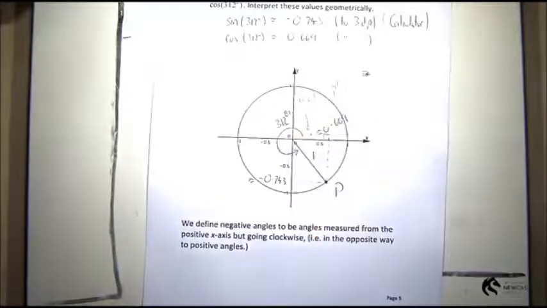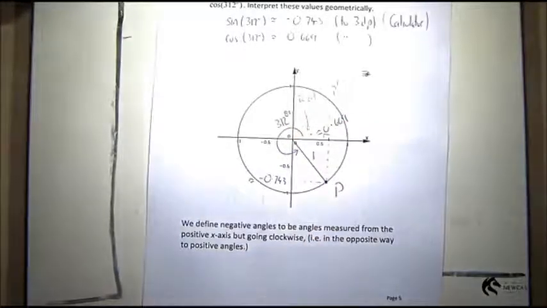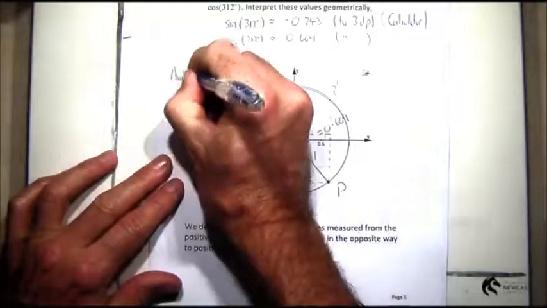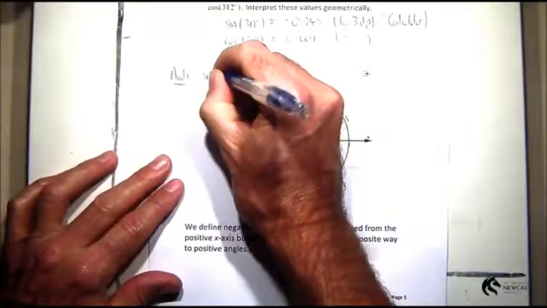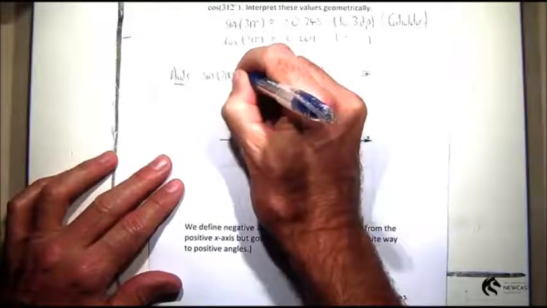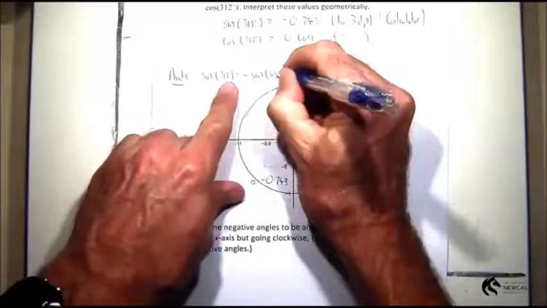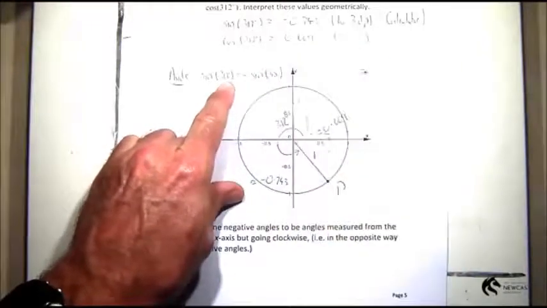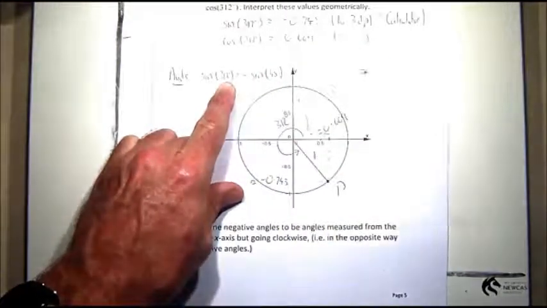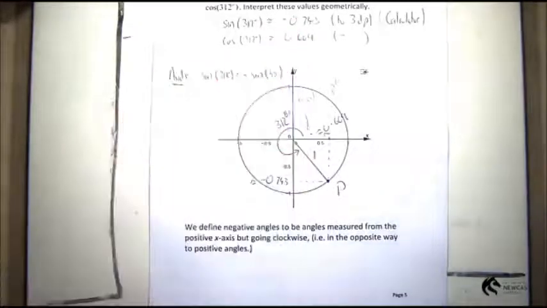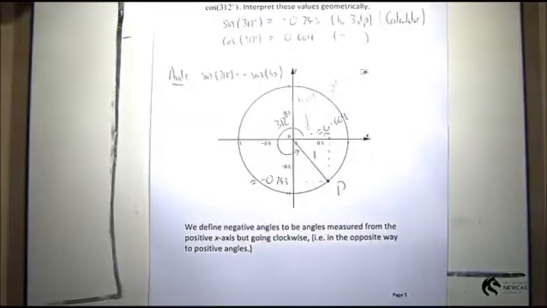And so I could conclude from that picture, as an aside here, that the sine of 312 degrees would be the negative of the sine of, it must be 48 degrees. 360 minus 312 would be 48. So get out your calculator, work out the sine of 48. You should get 0.743 to 3 decimal places.